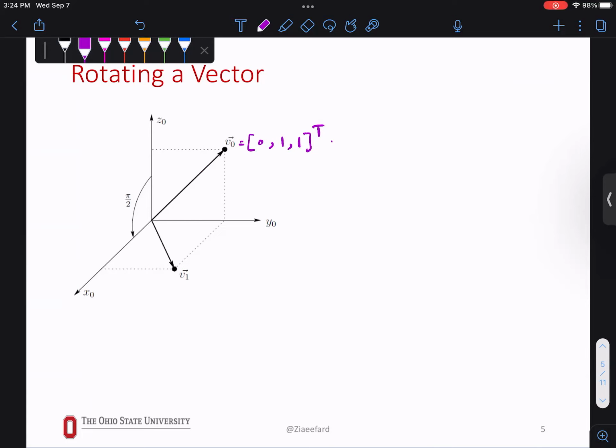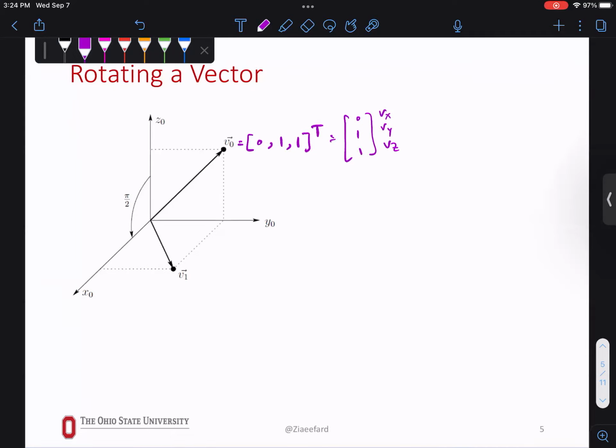This just means Vx, Vy, Vz. That's all it means. Especially when you're coding, you want to write them and then transpose, so less space is taken. And it's 0 in X direction, 1 and 1 in Z direction. So the value is not a unit vector. It's actually a velocity vector.